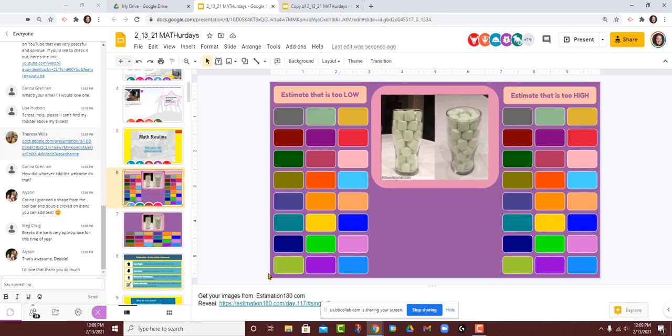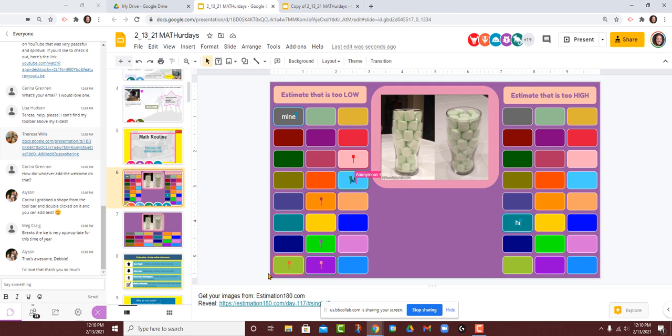If we move down to slide 6, this is the first interaction we're going to do. You're going to assign yourself a color. Usually my students are already assigned, but since I didn't know who was coming today, you'll assign yourself. And if you double click in it, it'll show a cursor so other people know that you've claimed it. And make an estimate that is too low.